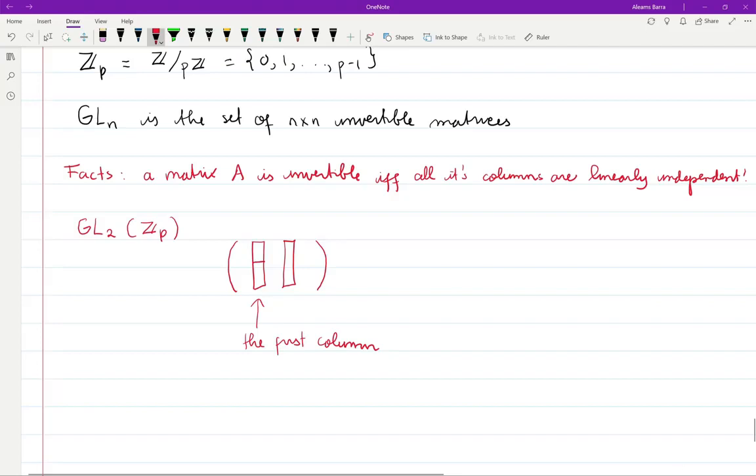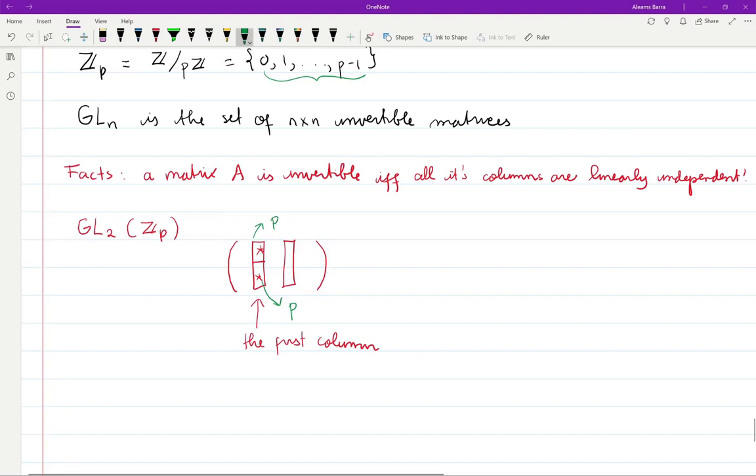Okay, so now since we are allowed to choose any column vector but the zero vector, we need to think in how many ways we can do such a thing. So for the first entry, we can choose in p ways because there are p options, and also on the second entry we can choose in p ways.